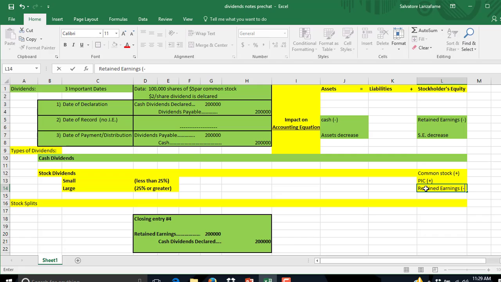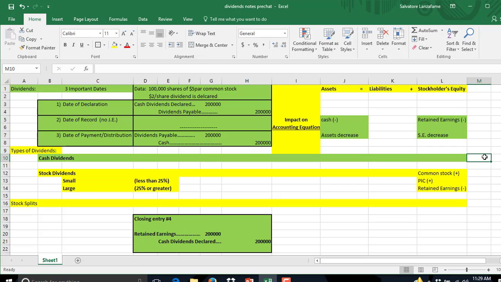So no matter what kind of dividend you have, whether it's a cash dividend or a stock dividend, retained earnings will go down. When it's a cash dividend, your cash goes down because you're giving your stockholders cash. But when it's a stock dividend, you're giving your stockholders more stock. So the common stock and maybe the PIK account will go up because of that.